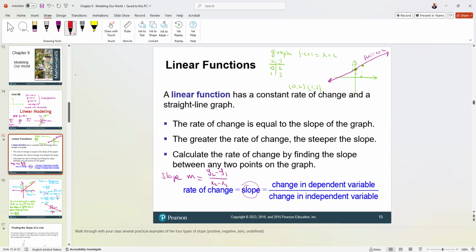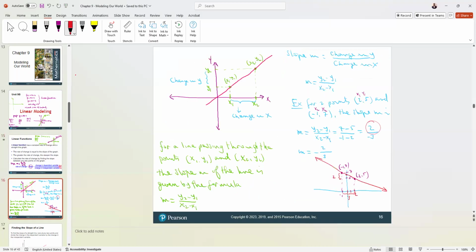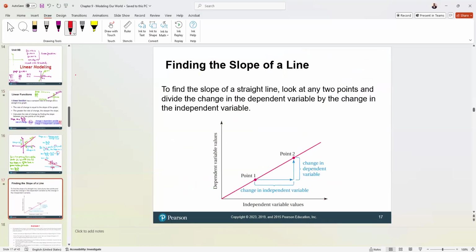That's why we said to calculate the rate of change by finding the slope between any 2 points on the graph. Rate of change is equal to slope, and the slope is the change in the values of the dependent variable, that means y2 minus y1, over the independent variable, x2 minus x1. To find the slope of a straight line, you can choose any 2 points.